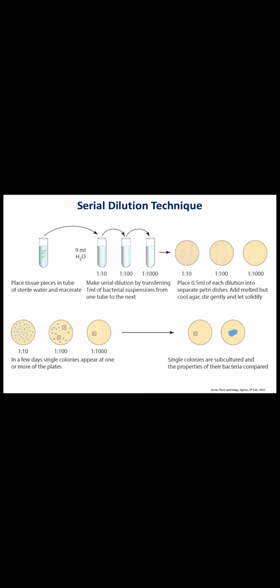Then we take 3 test tubes. In the first test tube, at 1:10, we add 1 ml of the sample. Again we add 1 ml of the sample from the first test tube into the second test tube, and we do this at least 3 times.